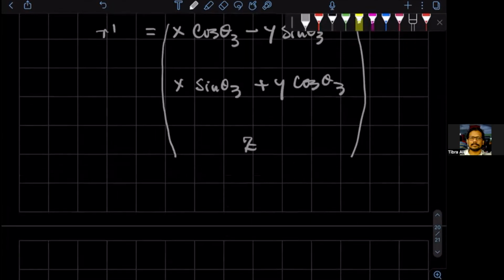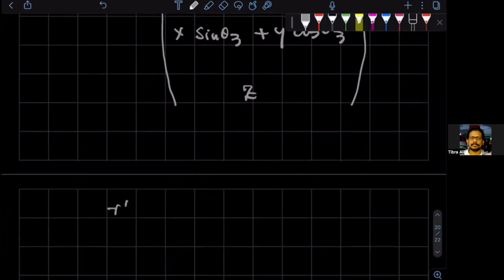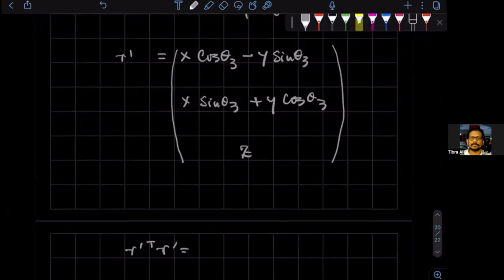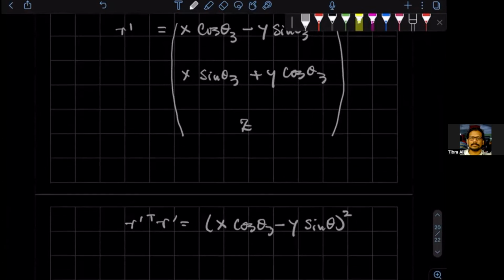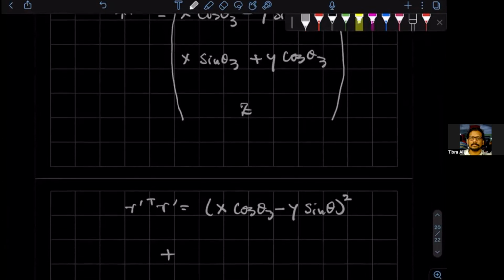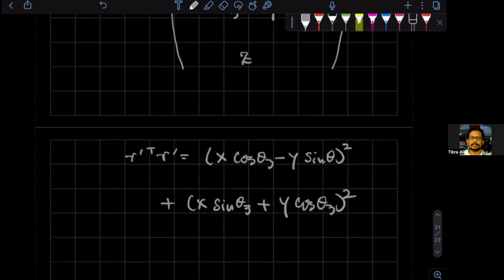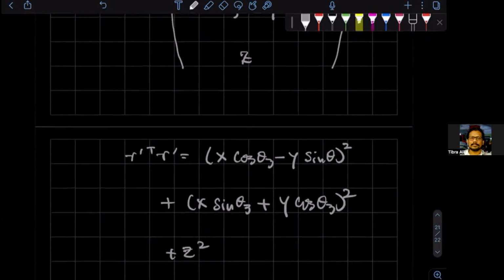Now if I look at r prime transpose r prime, the first term is (x cosine theta 3 minus y sine theta 3) squared plus (x sine theta 3 plus y cosine theta 3) squared plus z squared, right?